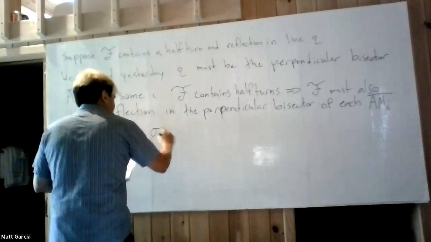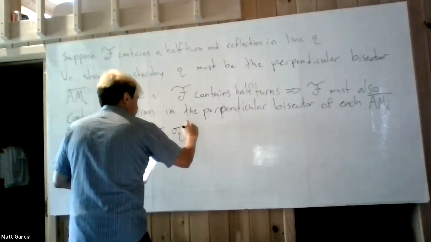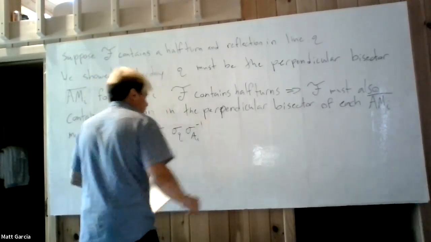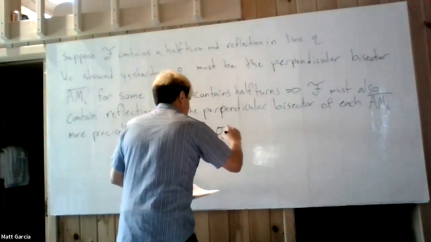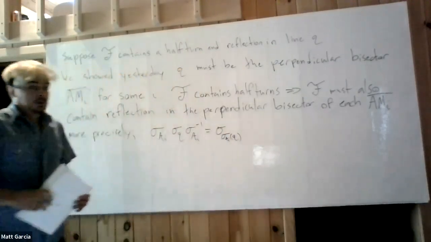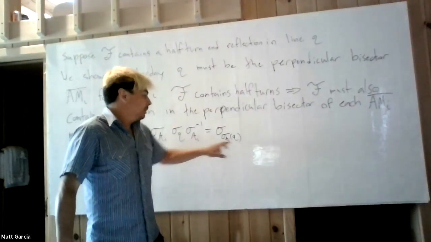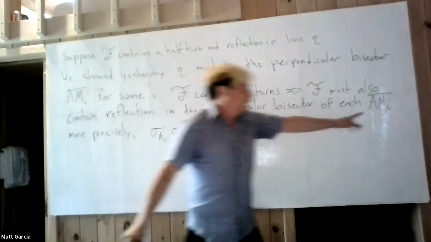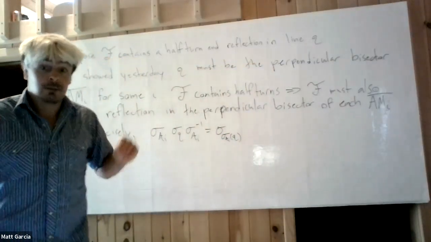So specifically, I have sigma sub AI composed with sigma Q composed with sigma sub AI inverse is equal to sigma sub sigma AI of Q. Right? And the image of this line Q under the half turn sigma AI is the perpendicular bisector of some line segment AMI for some I.